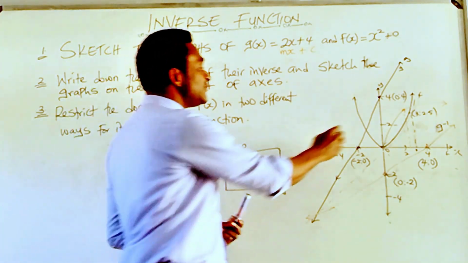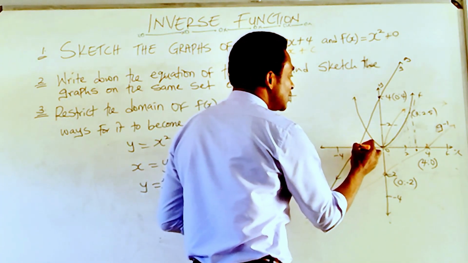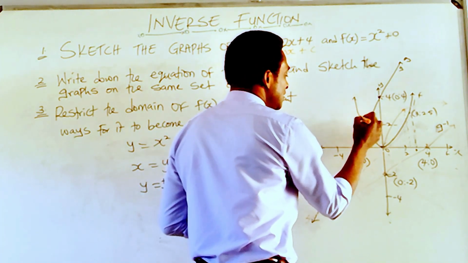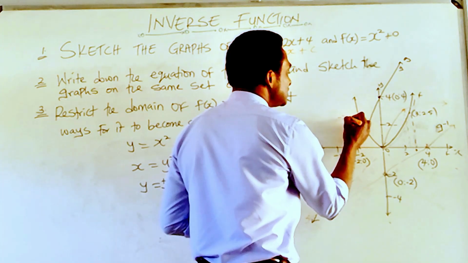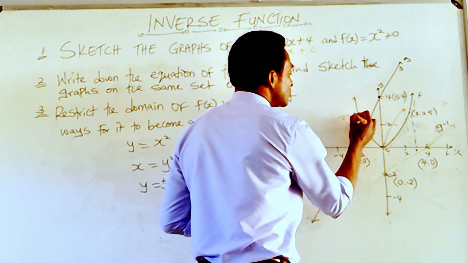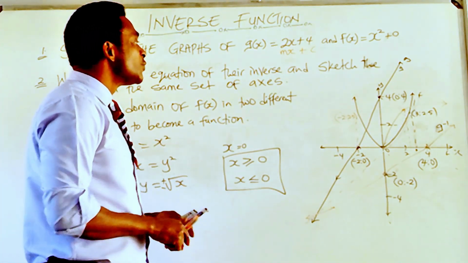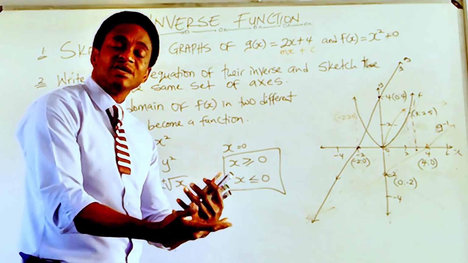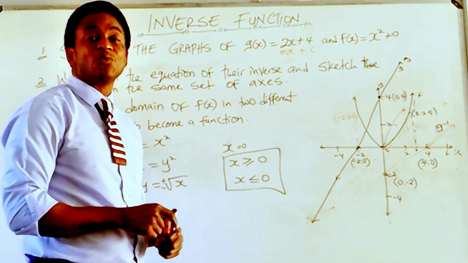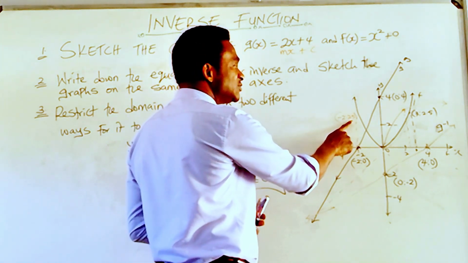Now, for the negative arm, let's also get another point here. Let's say we have negative 2 and 2.5 on this graph. So what do we do? We also take the inverse by swapping the x and y values. The x value here is negative 2, the y value is 2.5.